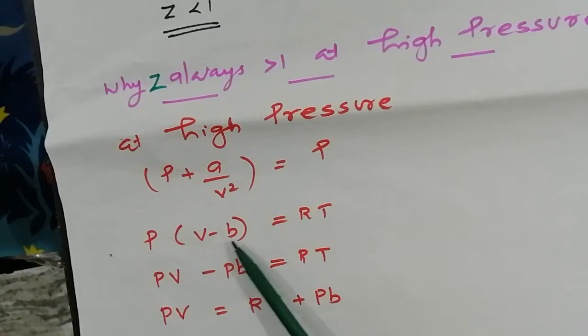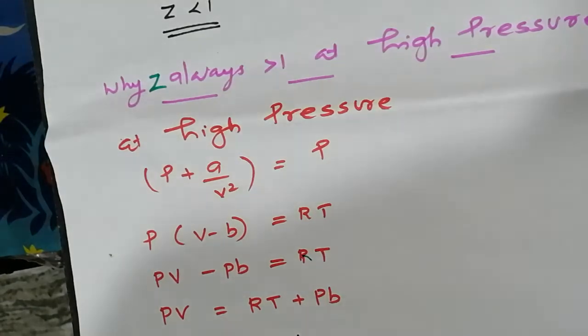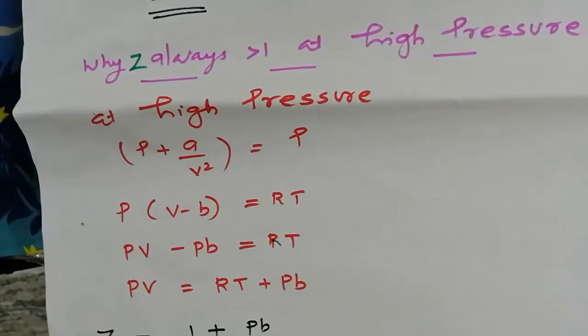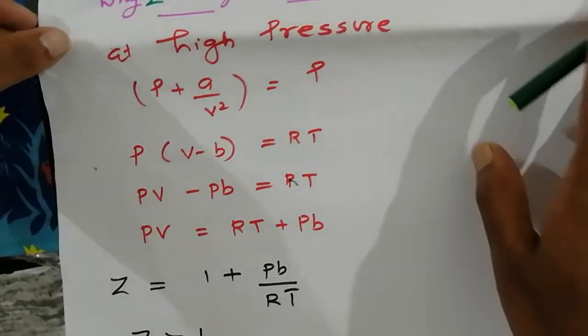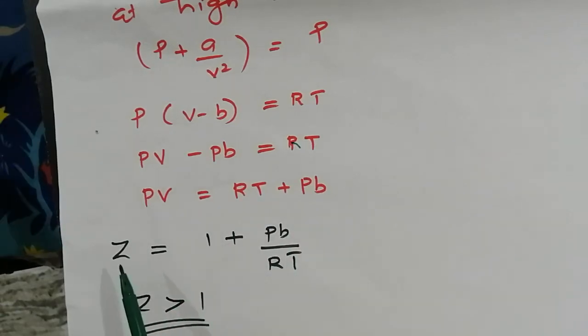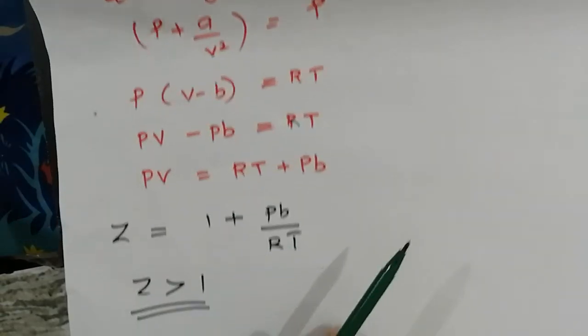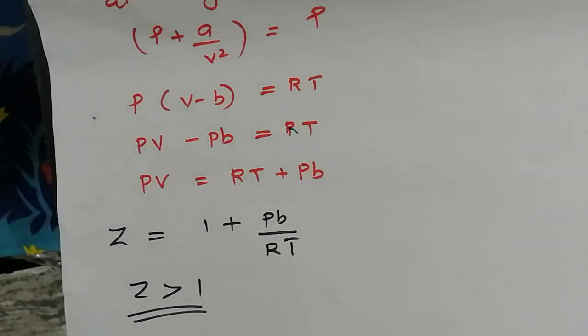Therefore, P into V minus b is equal to RT, so PV minus Pb is equal to RT, or PV is equal to RT plus Pb. As usual, divide by RT here, divide by RT here. Therefore, Z is equal to 1 plus Pb by RT. Therefore, at high pressure, you will get Z greater than 1.